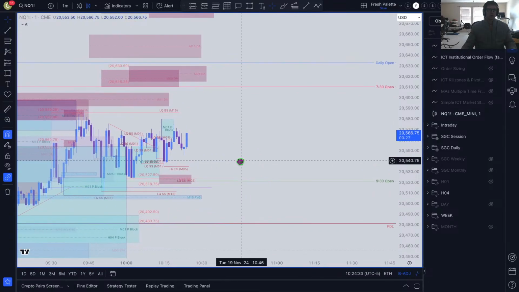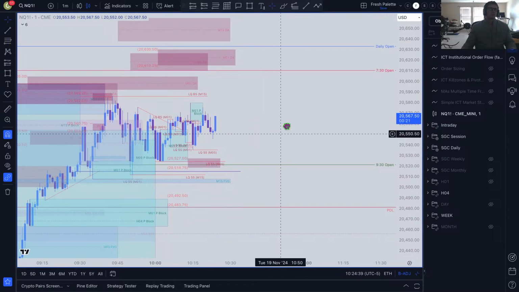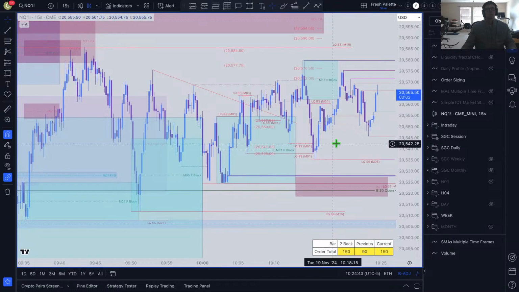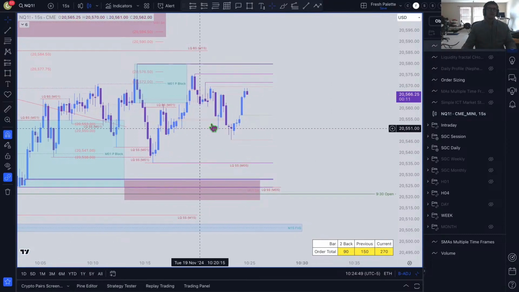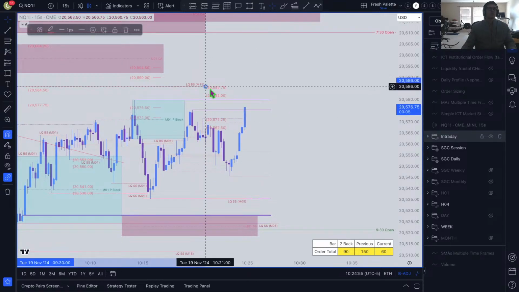No sweep of liquidity. M15 gave you an entry here. Sweep of all that liquidity takes you up to this.